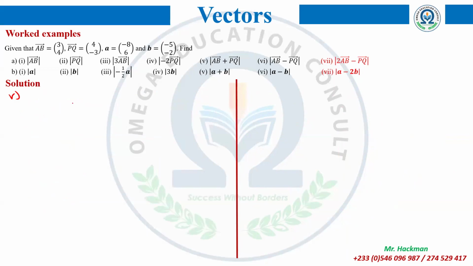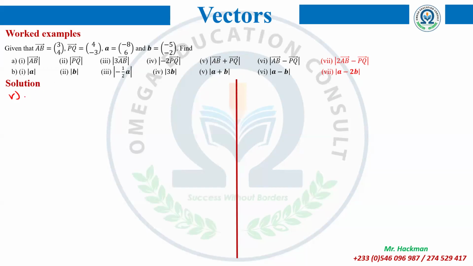So with the vein two, this time I'm going to deal with it maturely. I need to find the absolute value, which is the magnitude of the vector AB plus the vector PQ. Do I know the vector AB plus PQ given directly straight away? No, unless I add this vector and this vector. That will give me my vector that I'm supposed to find its magnitude.